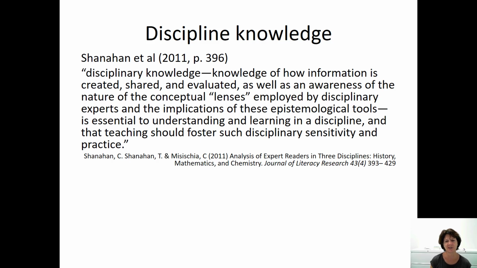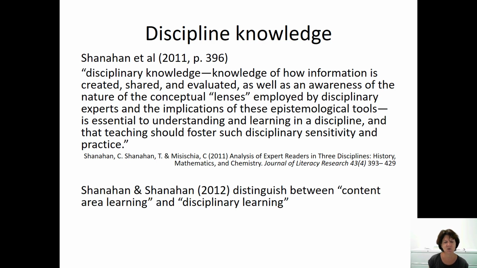And there's a lot of research around identity, identity as a scientist, identity as a mathematician, identity as a business person, or in commerce, in all the different disciplines. And the other thing that we'll be looking at in the readings is this idea of disciplinary learning as distinct from content area learning.